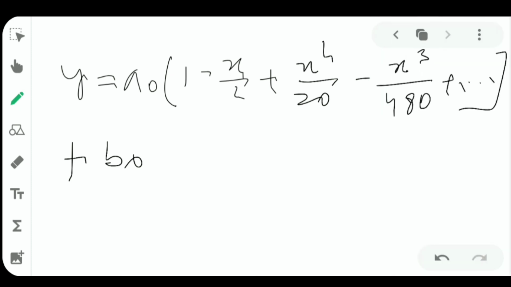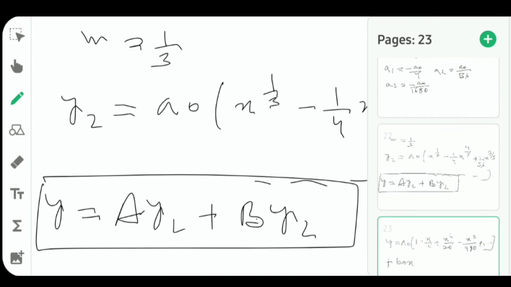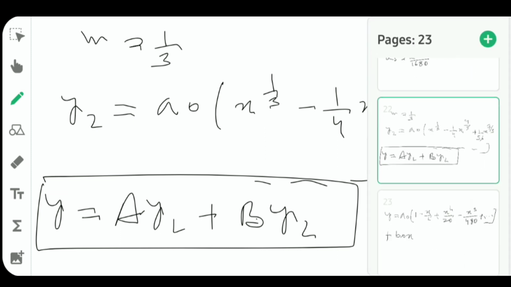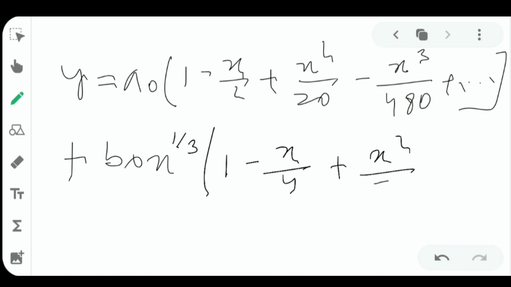If you take x to the power 1 by 3 common from this term, then we will be left with 1 minus x by 4 plus x square by 56 minus x cube by 1680, and it goes on.